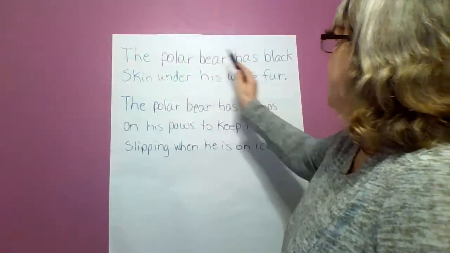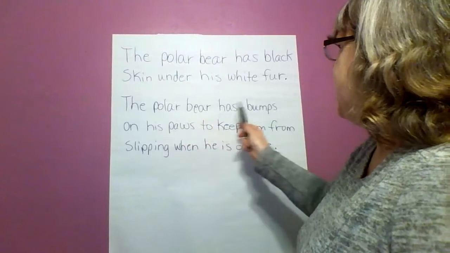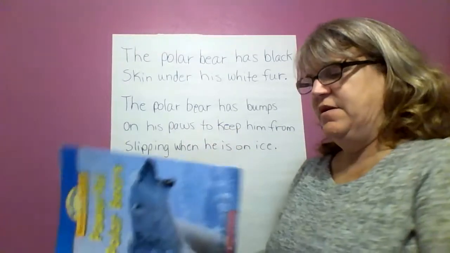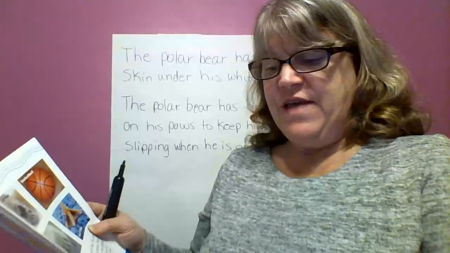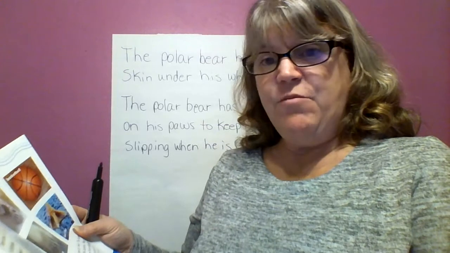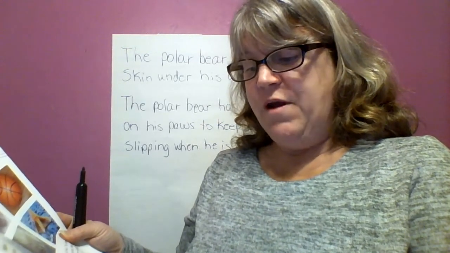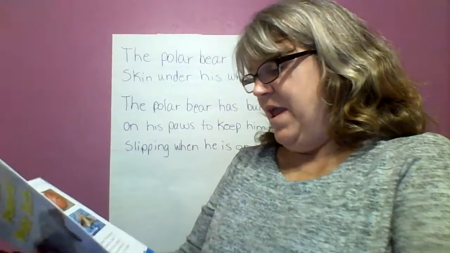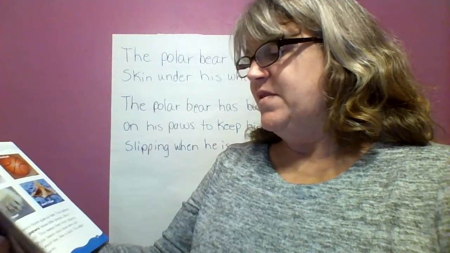So I wrote the polar bear has black skin under his white fur, and I wrote the polar bear has bumps on his paws to keep him from slipping when he is on ice. Okay, and I can look back here and it says polar bears have white fur. The fur is great camouflage. It helps them hide in snow. Under the fur, polar bears have black skin. And then on this next page, it told me the bottoms of their paws have little bumps like a basketball.